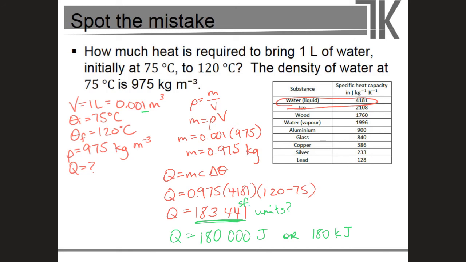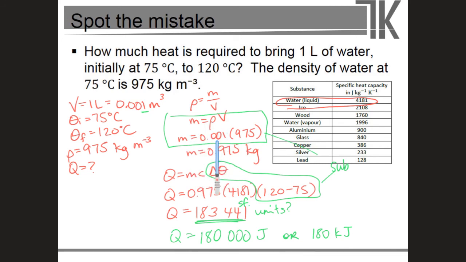The other 3 tend to be harder to find. Now 2 of them are the same mistake done in 2 different places. One of the places is here, and one of the places is here. In both of these, we would not get a mark for our substitution. So in this first one up here with m equals rho v, we've actually substituted them in the wrong way.